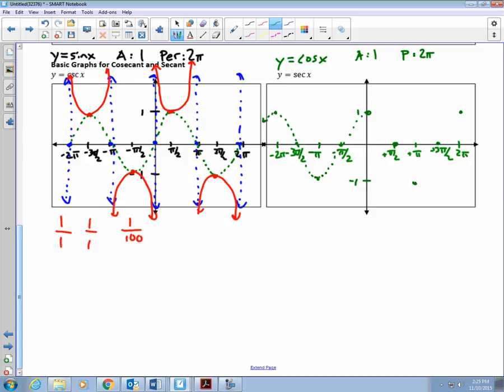But this ghost graph is going to help me actually sketch what the real graph looks like. Now, none of that's my graph. But I want to mark where cosine is equal to 0. So I mark all the spots where it's equal to 0.